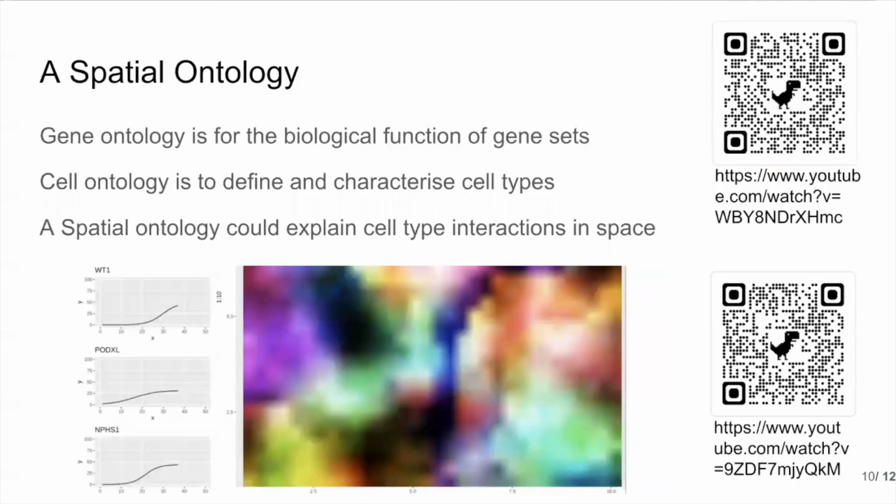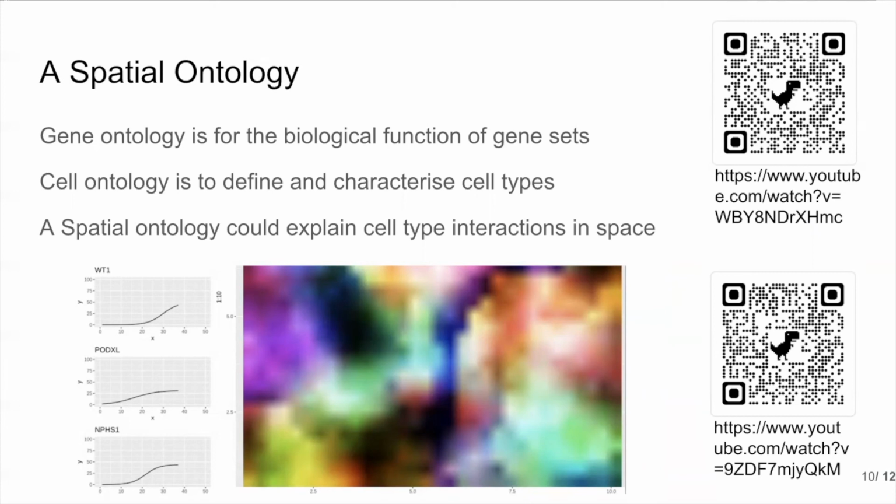So we know that we can convert a single cell RNA-seq cell to a spatial transcriptomic tile. What happens if we could do this on a scale that allows us to explain cell type interactions in space? We know that gene ontology is for biological function of gene sets and that cell ontology is to define and characterize cell types.